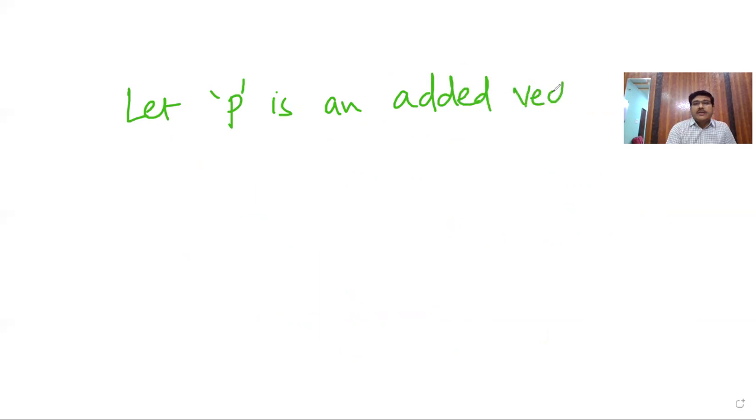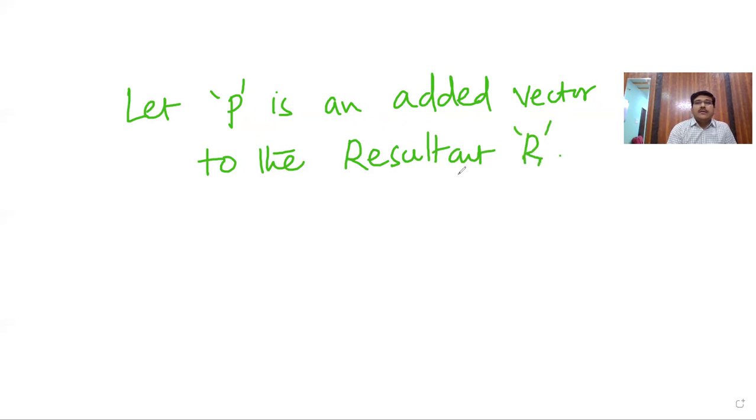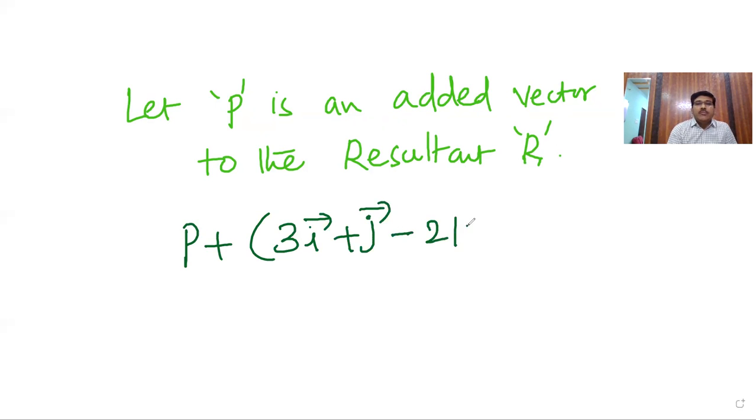Here I am taking, let P be an added vector to the resultant R. Now, if I add P to the resultant, what is that vector? 3i bar plus j bar minus 2k bar is the resultant of A bar plus B bar.